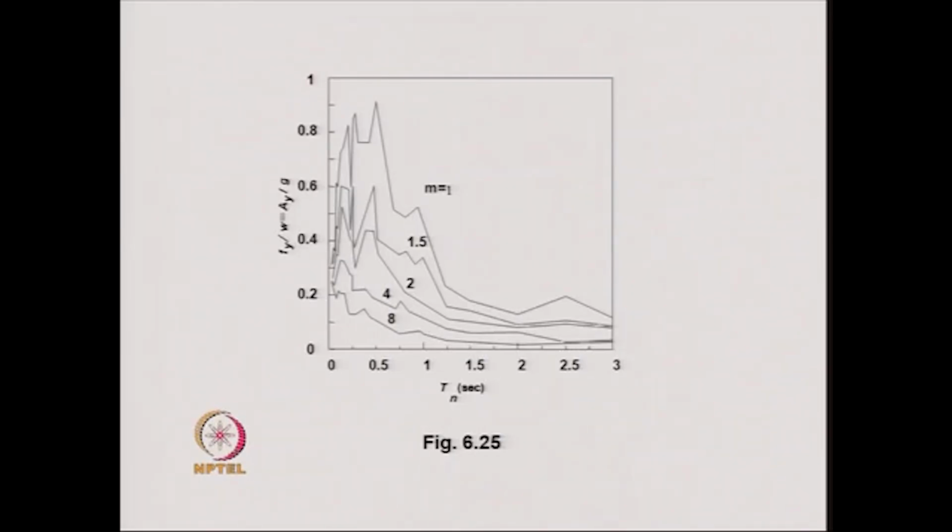This kind of design spectrum is given in some codes where the response spectra are provided for different values of the ductility factor, meaning that if those inelastic response spectra are used for designing the structure, then the structure is expected to have on an average, or in an overall sense, a ductility of 2 or 4 or 8 or 1.5 as the case may be.